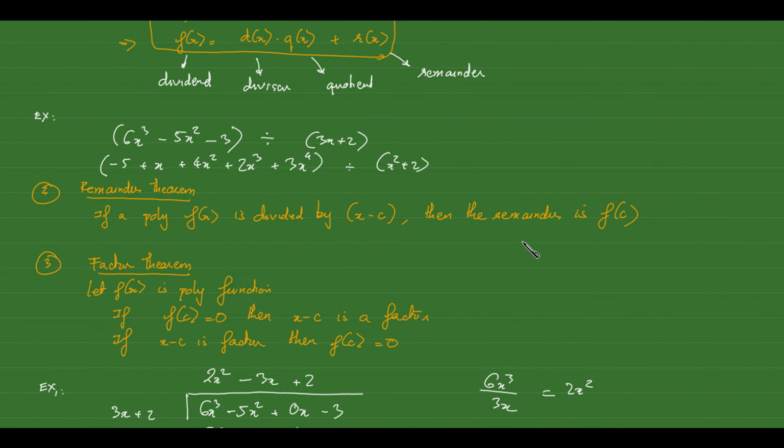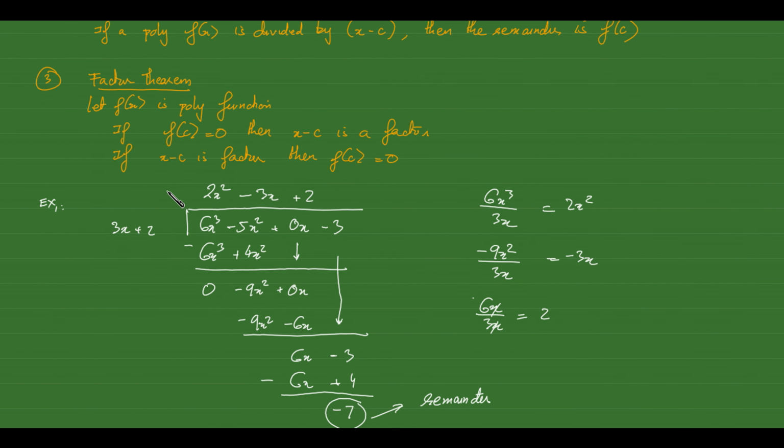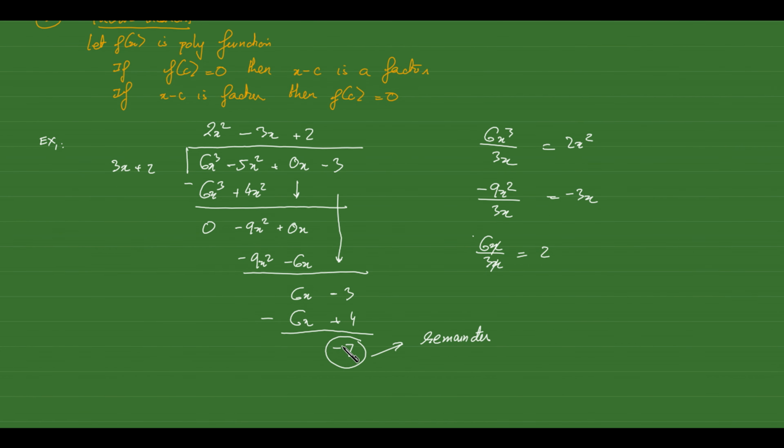If the remainder, f(c), is 0, then it is a factor. But over here, negative 7 is not 0. So 3x plus 2 is not a factor; none of them is a factor.